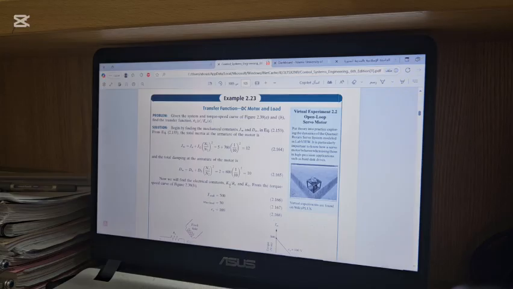The result will be 12. And the total damping at the armature of the motor will be Dm equal Da plus Dl multiplied by (N1 over N2) all squared. And also we will substitute the variables with the values, so the result will be 10.